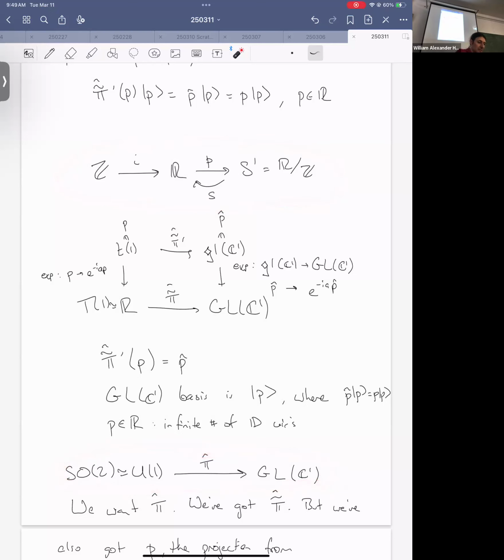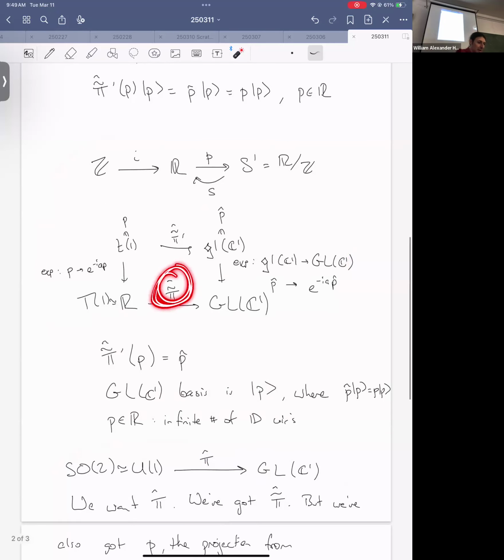So I'm saying we want these pi hats. Via this method, I'm able to get the pi twiddle hats. And then you can get the pi from the pi equivalent. Yes. Okay. Precisely. You're welcome. There are a lot of moving parts.